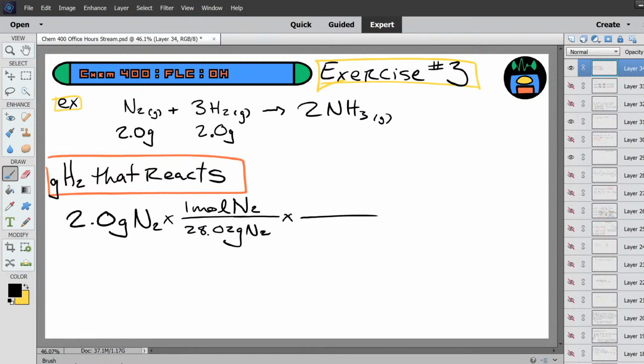So you convert grams to moles of nitrogen, then from moles of nitrogen to moles of hydrogen, followed by going from moles of hydrogen to grams.